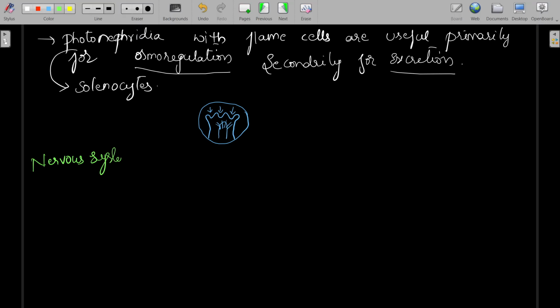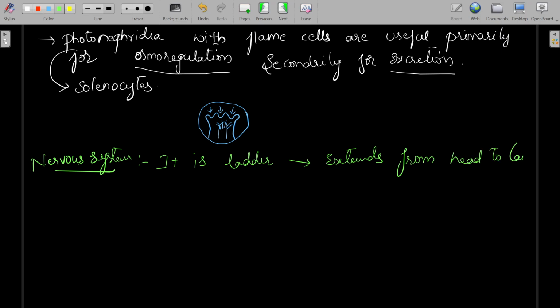It is ladder like. It extends from head to tail in planaria. Next, coming to the digestive system.